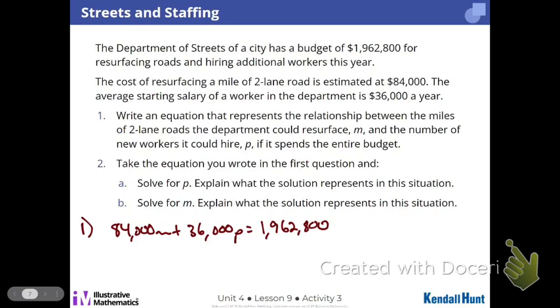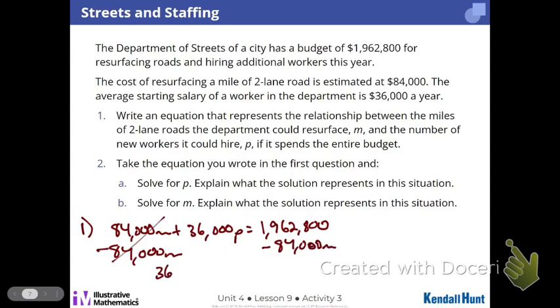Just to make sure we're good to go on. Here's our starting equation. Our price per mile and price per employee totals 1,962,800. So I'm going to start by solving for P, and then I'll erase and then solve for M. So solving for P, I'm going to subtract 84,000M from both sides.